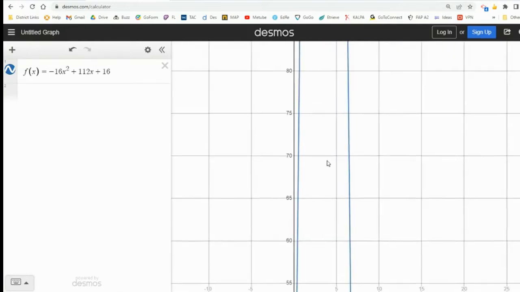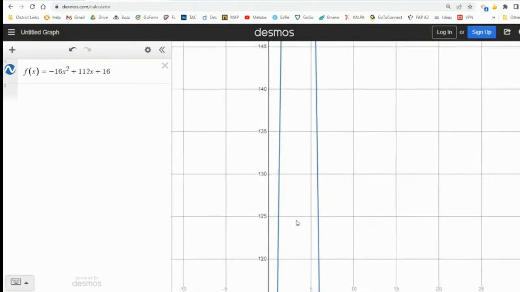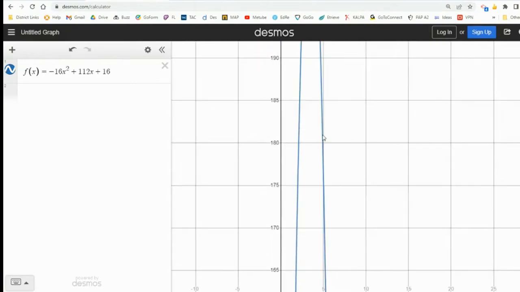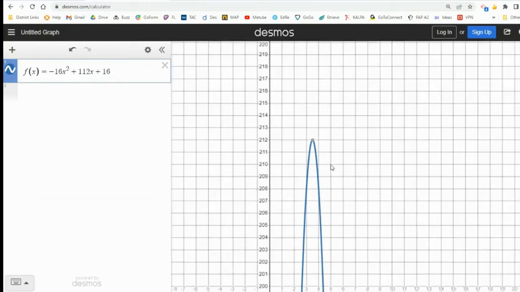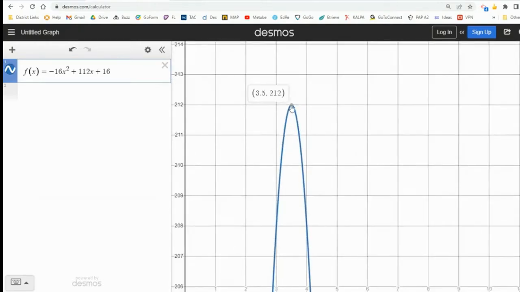Well, this one goes way up there because I put a big number in. So the maximum height would be the y value at the vertex. Let's get to the vertex. The maximum height is 212. That is the height. But the question was, how many seconds does it take to get there? So I have to find the vertex.